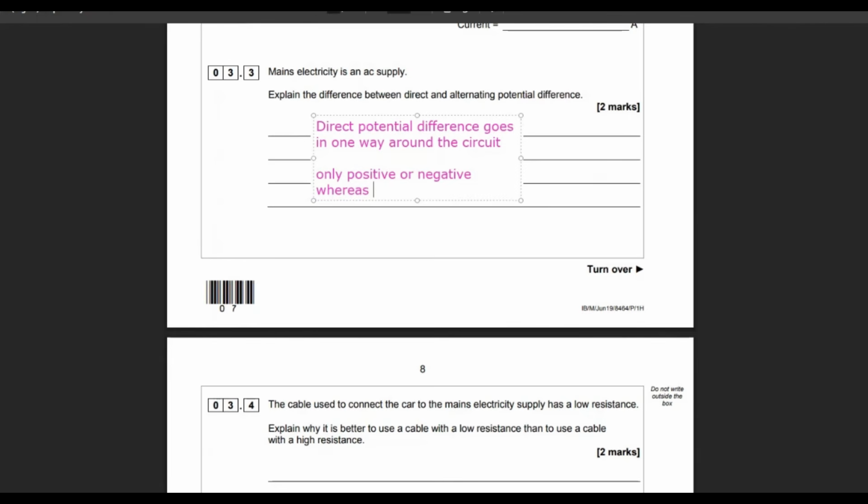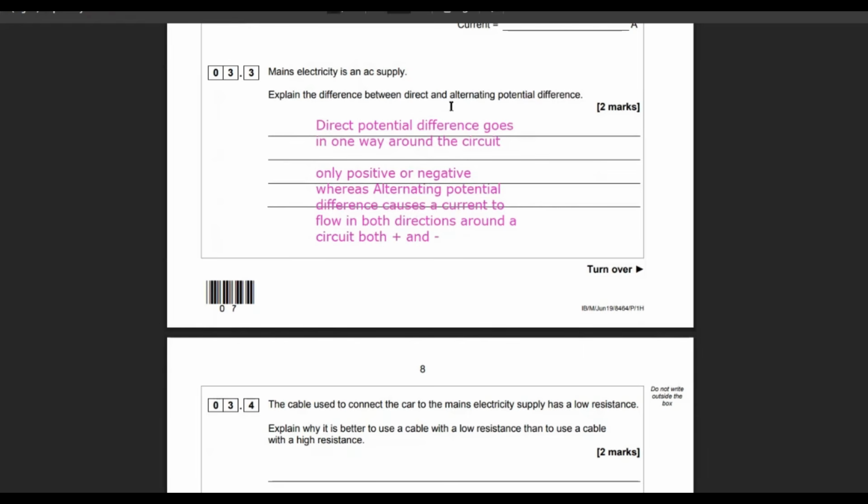whereas alternating potential difference causes a current to flow in both directions around a circuit, both the positive and the negative direction.